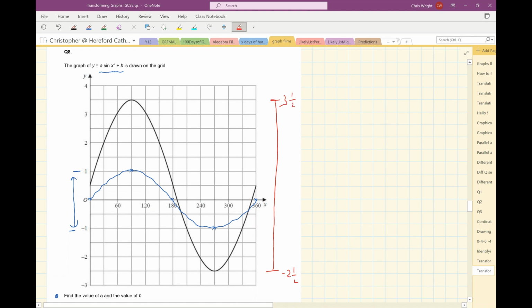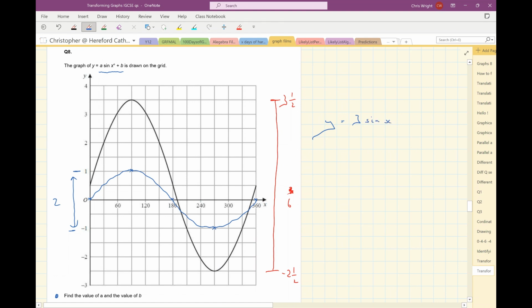So the range, it was 2, wasn't it? And now the range is 6. So the range has been multiplied by 3. So my graph's been stretched by 3. So I already know that I'm dealing with y equals 3 sine of x.